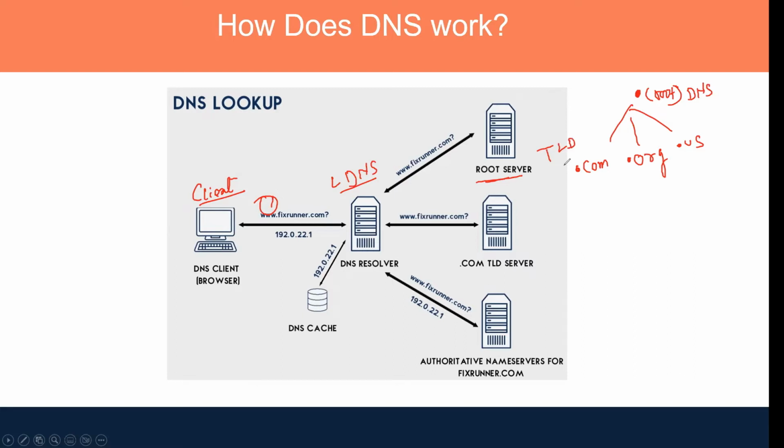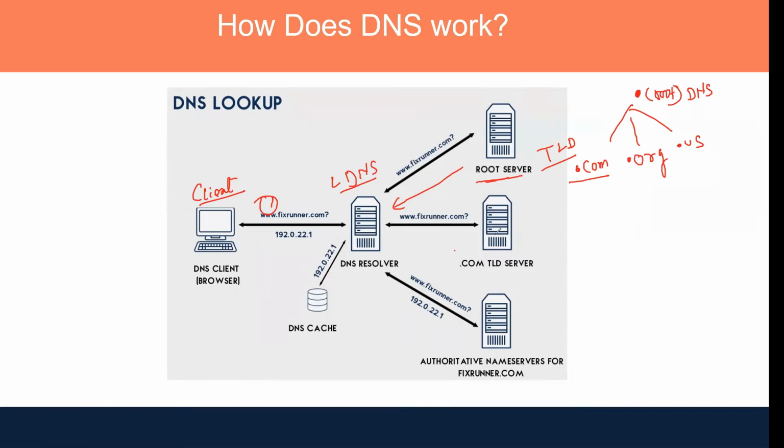Your DNS resolver would send the query to the root server. It would say that I don't know the IP of fixrunner.com, but I know the address of .com, so you should check with .com.